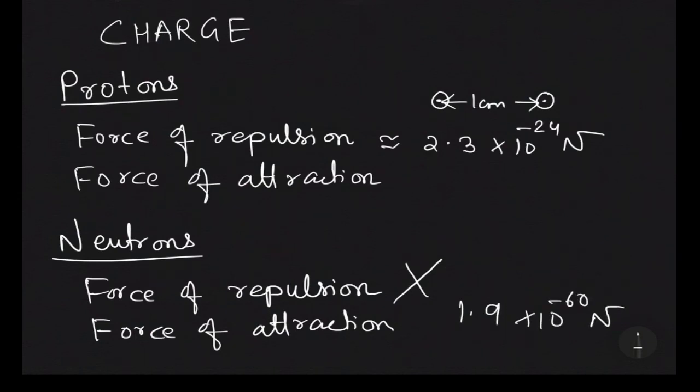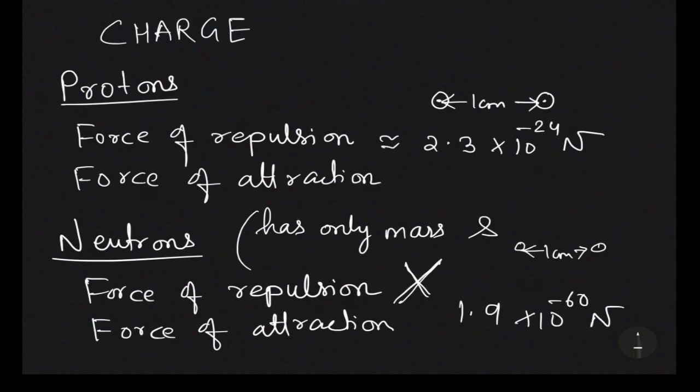Again I have taken the same estimate that two neutrons are at a distance of 1 centimeter, but it is not having any force of repulsion. So we conclude here a neutron has only mass and no charge. This is very important realization.